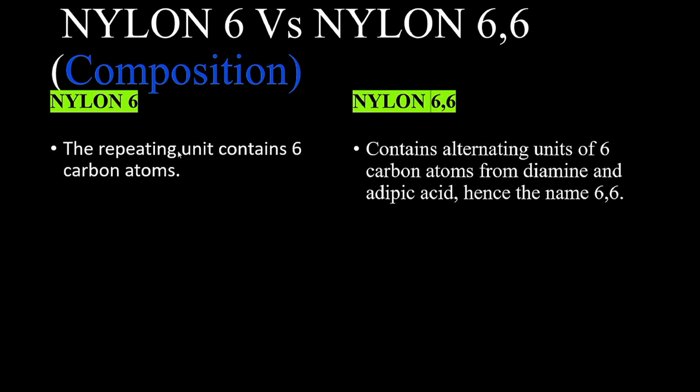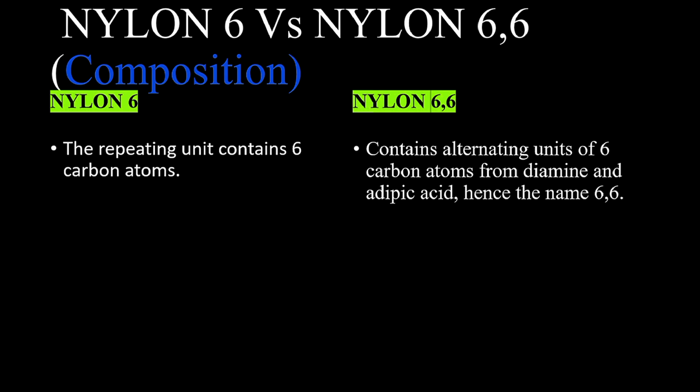Second, with respect to composition, in nylon 6 the repeating unit contains 6 carbon atoms, while nylon 6,6 contains alternating units of 6 carbon atoms from the diamine and adipic acid, hence the name 6,6.